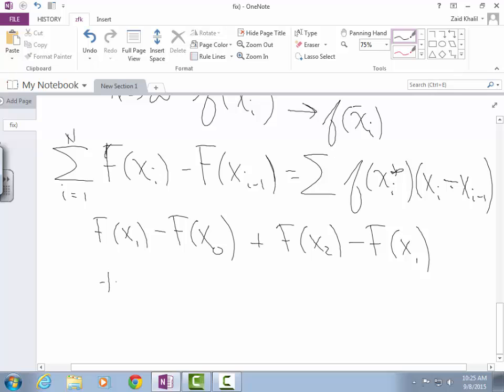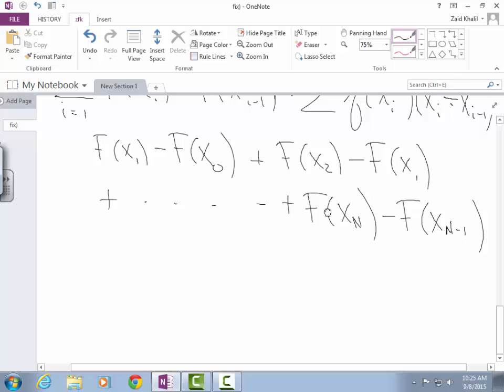Right? Plus all the way out to the nth one, and so what we end up with is that sum, which is the area under the curve, is equal to the final f at xn minus f of x0.